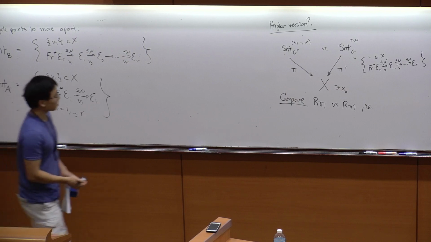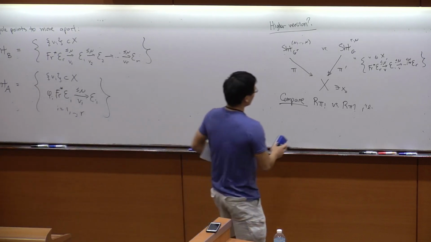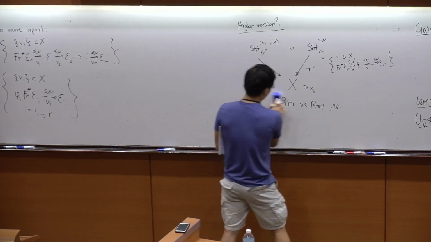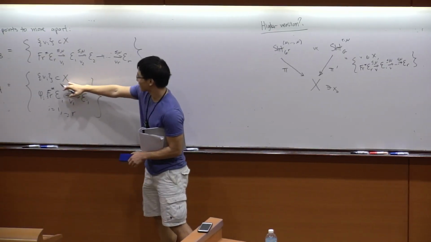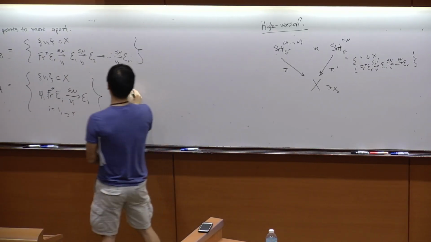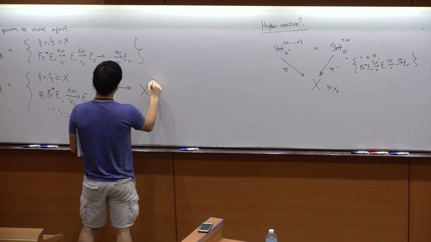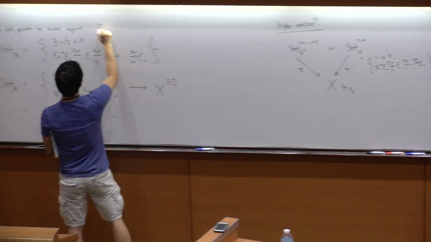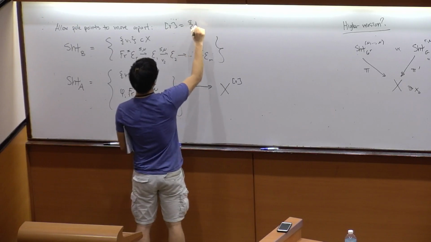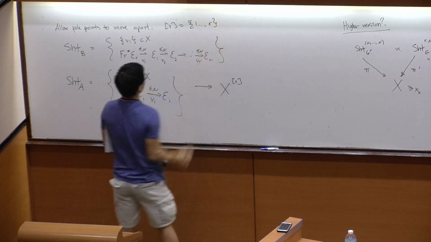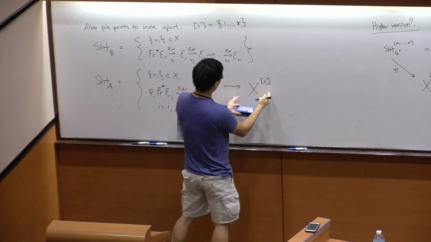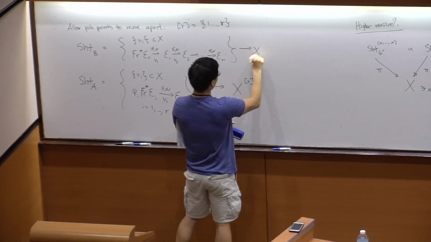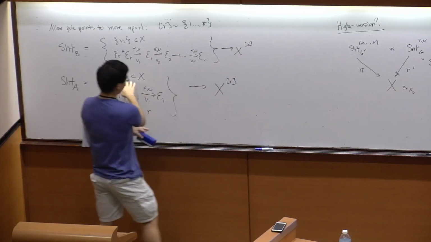So let's examine this setup here. We started with this. Now we've got something much bigger. This has a map to X to the R, where [R] will be the set of numbers from 1 to R, and so does this, just by remembering these points v_i.